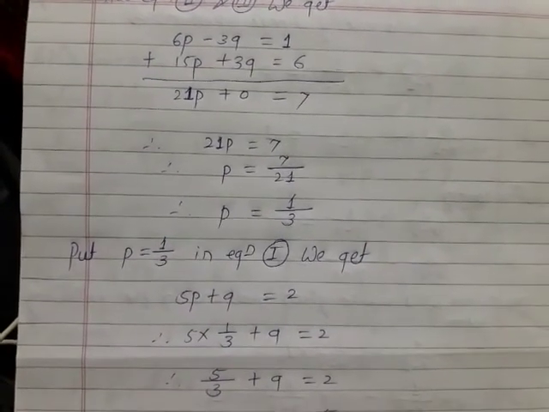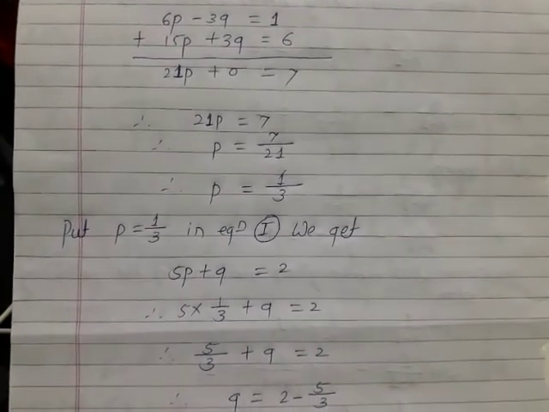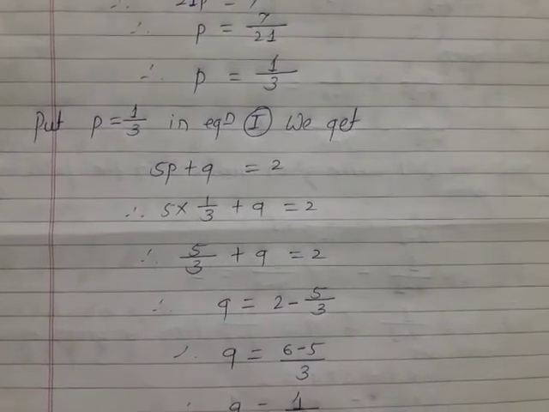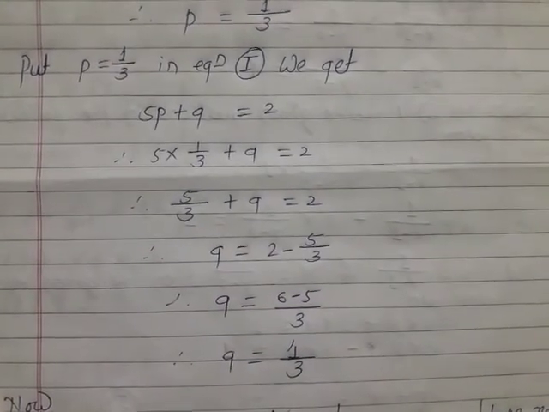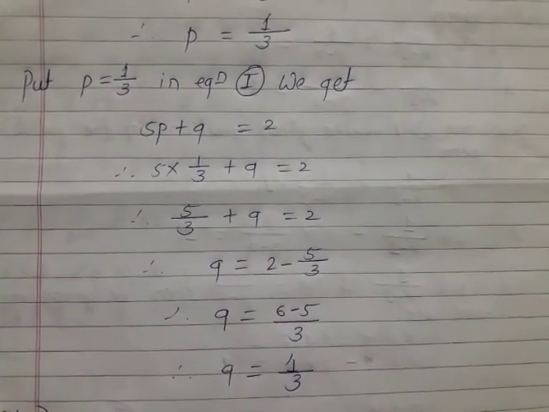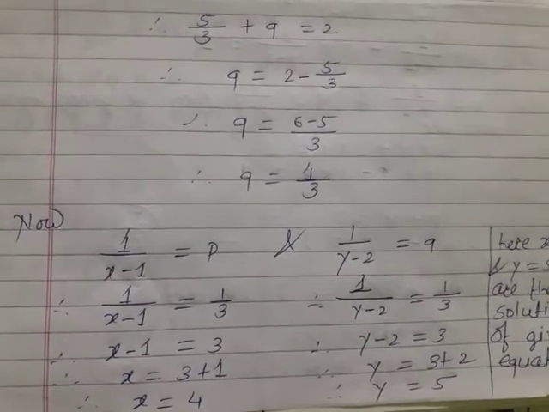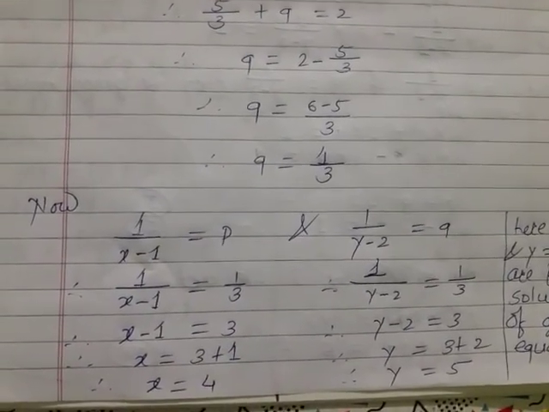Then put 1 by 3 in equation 1, and we got the value of q is equal to 1 by 3. Then after that what we did, look here, 1 upon x minus 1 is equal to p. We have kept that there.